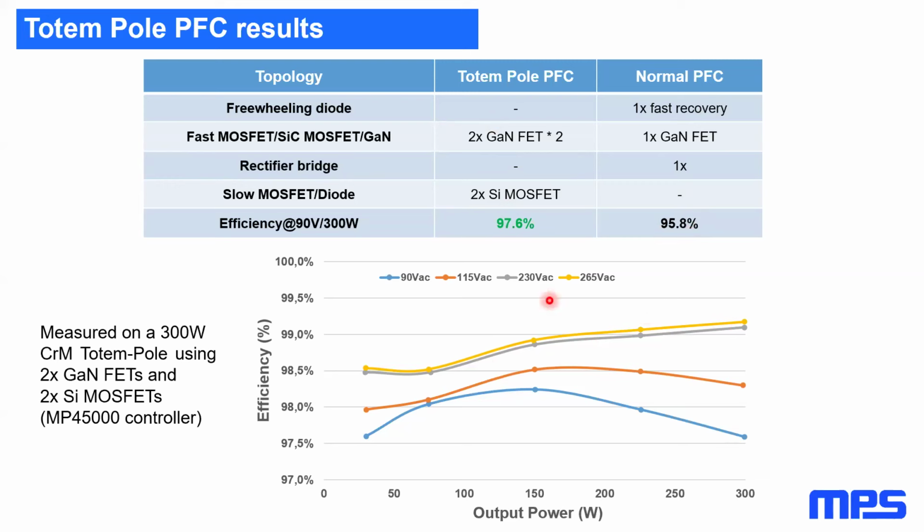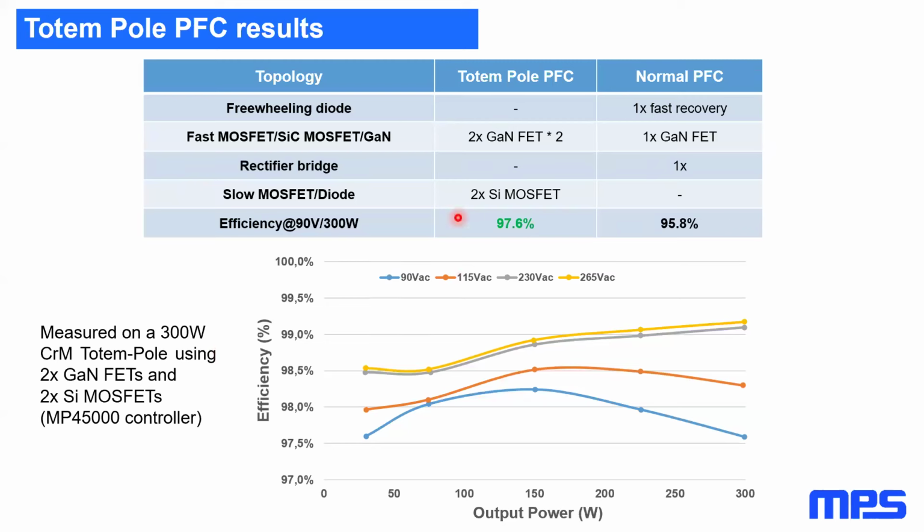So this is measured on a real board using a new controller from MPS, the MP45000, which is a CRM totem pole PFC. So that's really optimized for power lower than, let's say, 400 watts or 300 watts.